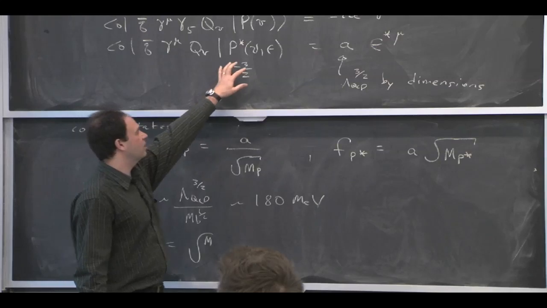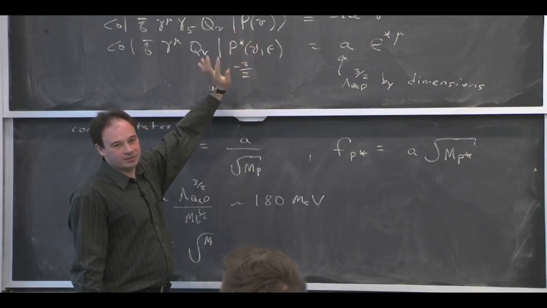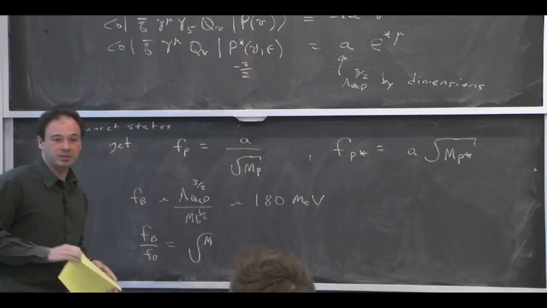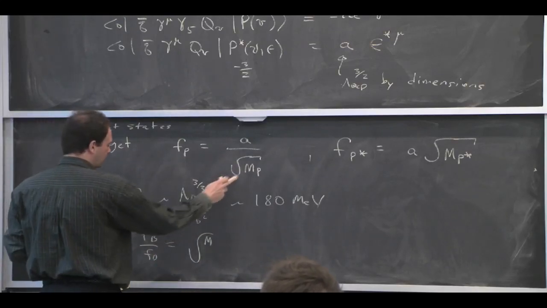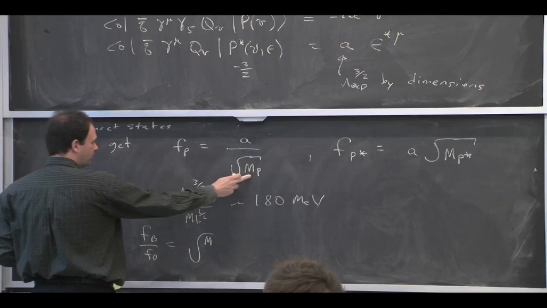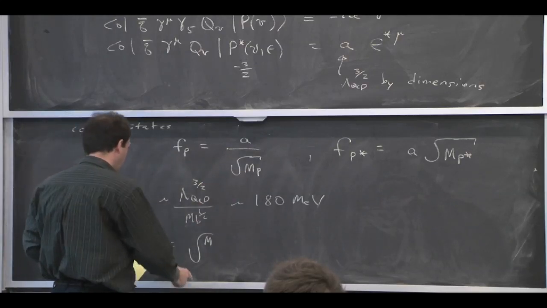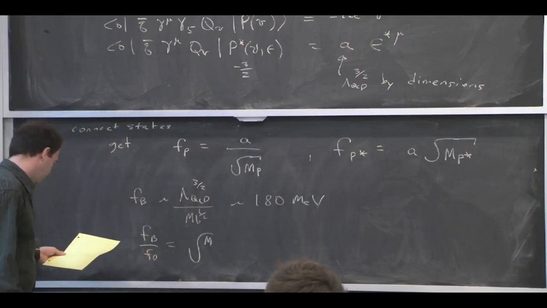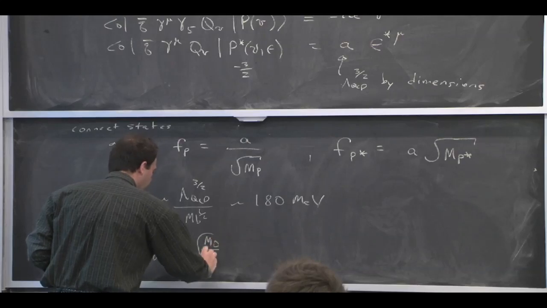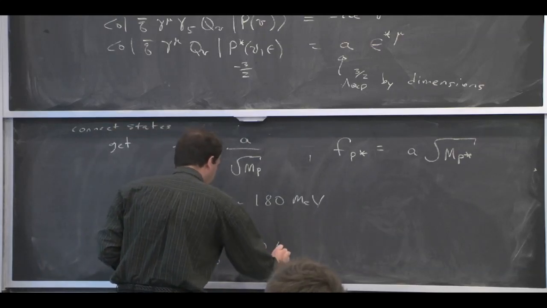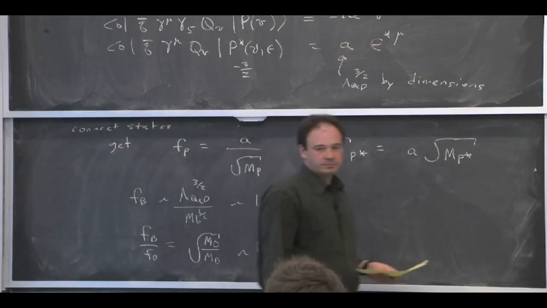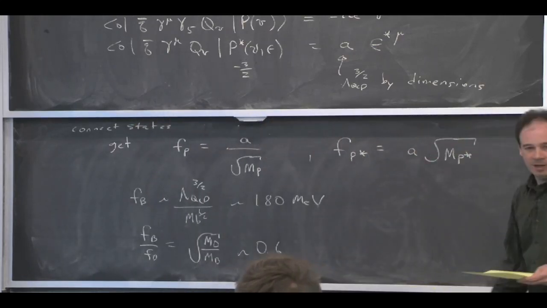The A here didn't care about the flavor of the P and the P star state. So everything I said here could apply equally well to B states or D states. So the only place that it's coming in is when we have this explicit square root here. And just by power counting we could say FB over FD is like MD over MB, which is about 0.6. Okay, so these are predictions that we can make based on symmetry.